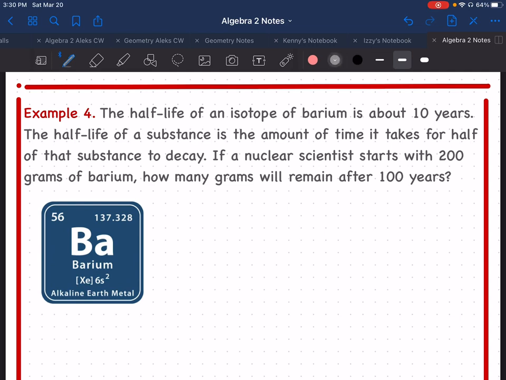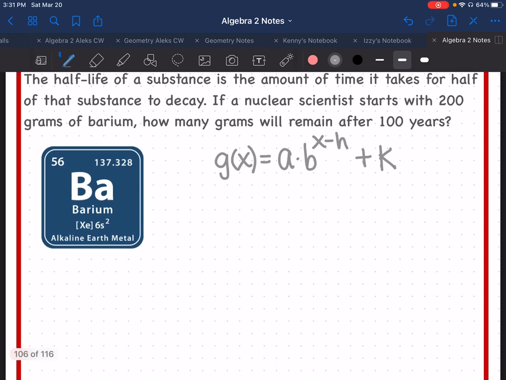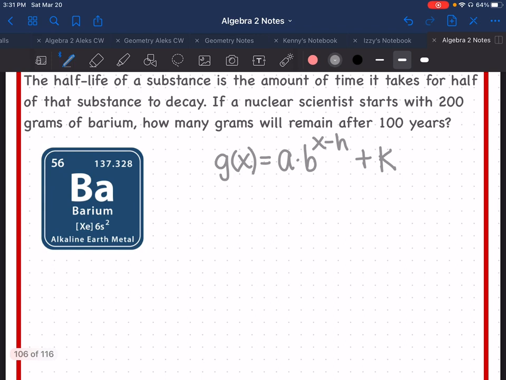So let's think back to that first lesson that we had at the beginning of the week, and let's think back to this formula. Now, A is going to be the 200.